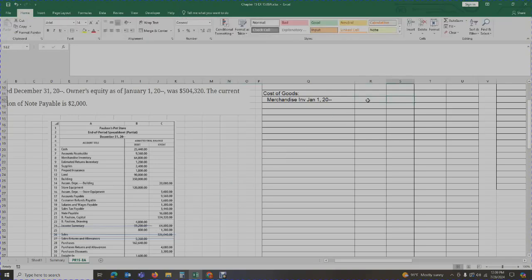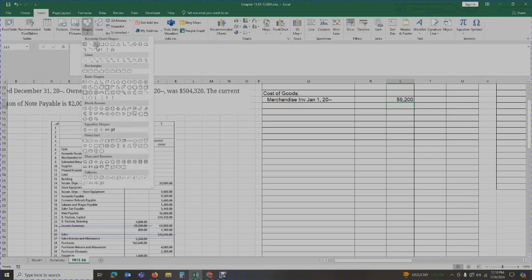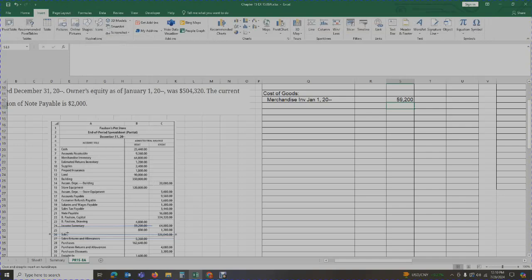That represents my beginning inventory of $59,200, and then we have returns. On the returns we have the same thing: the reversal and then the updated figure. For the returns, we take the number right below it, the $800 amount.